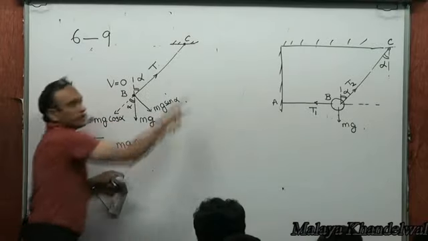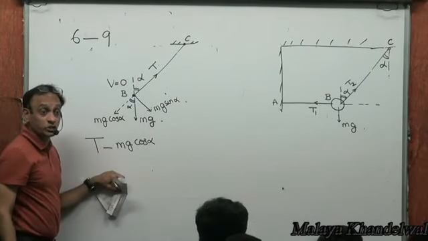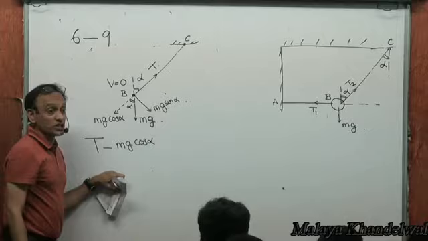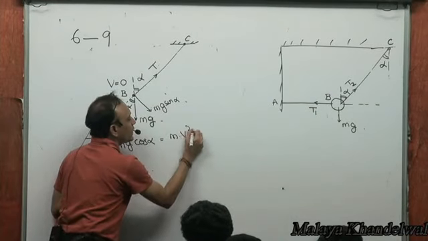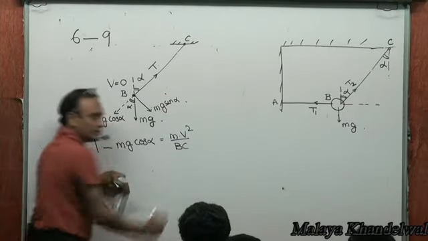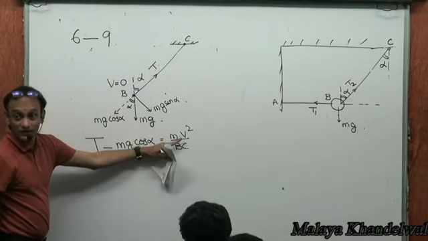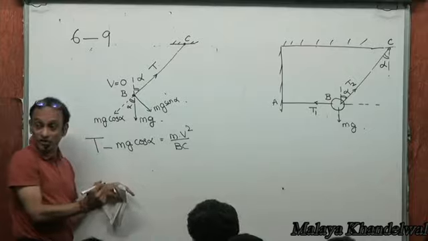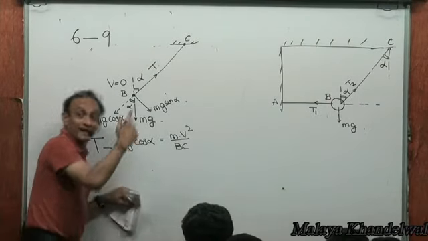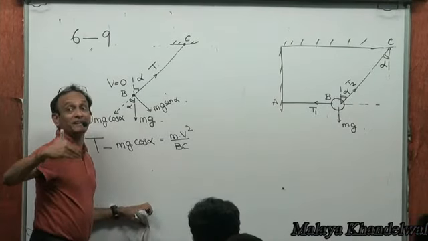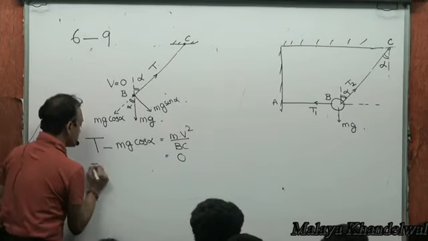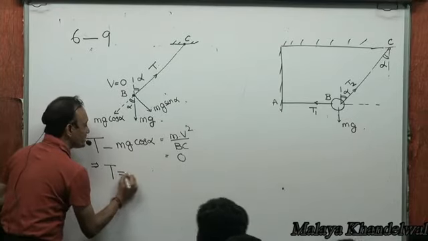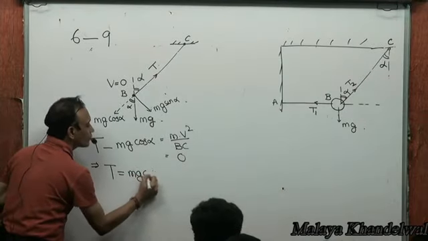That is the net force directed towards the center in the radial direction, and this must provide the necessary centripetal force. Centripetal force is m v squared divided by r, where r is BC. But v is 0 in this case. It will build velocity in a while, but at this instant, v is 0. Yes or no? This leads us to believe that T is mg cos alpha.